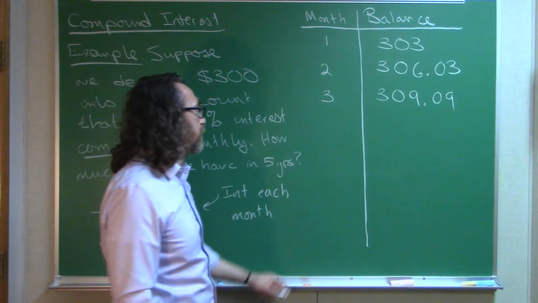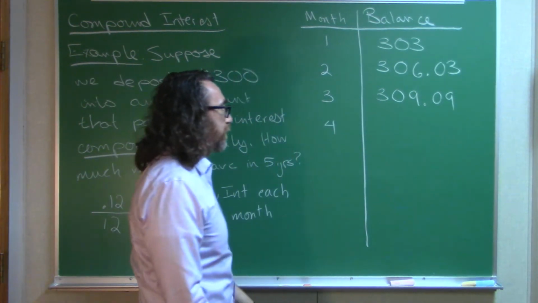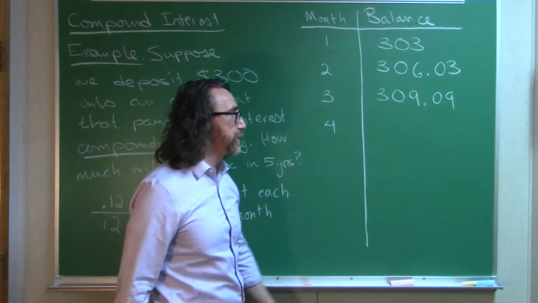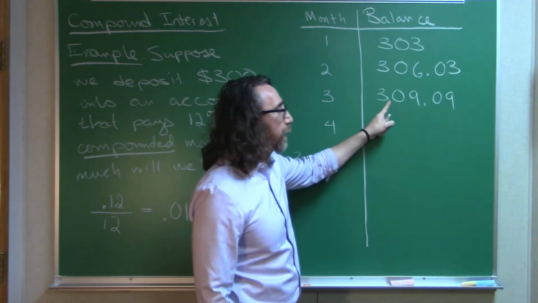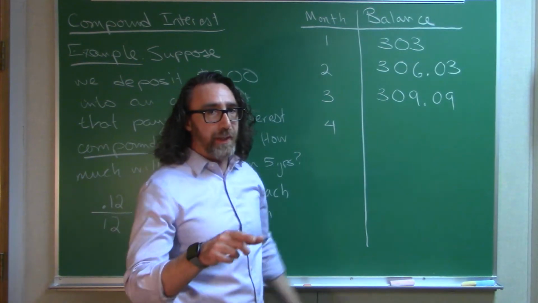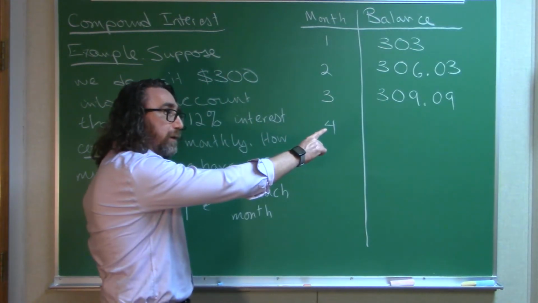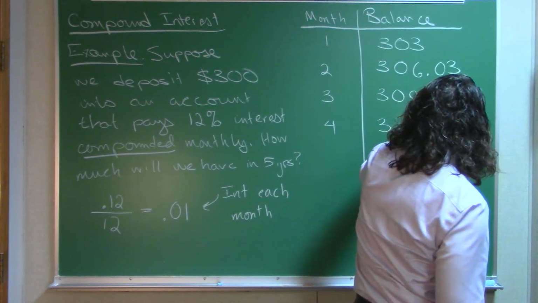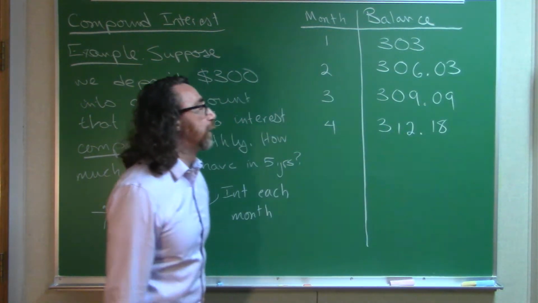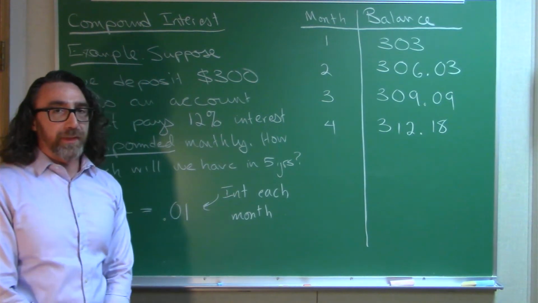I'm going to do one more just for fun. 4th month, they say, how much is in the account? $309.09. Add on $3.09 to this amount. So we have $312.18. The amount we're getting every month is changing.